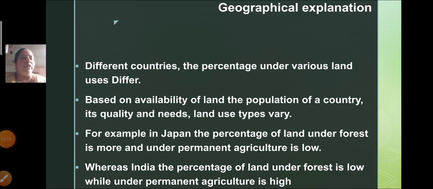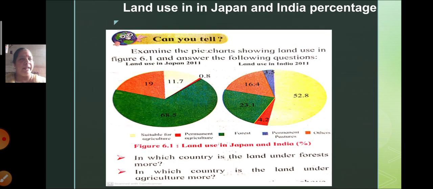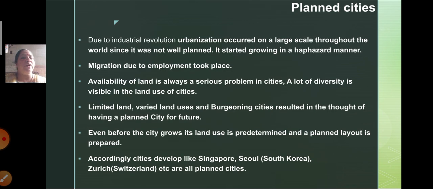Okay children, what have we learned today? We have learned about the geographical explanation of the pie diagram, wherein we have seen the land use in Japan and India percentage wise. Then we have learned about a planned city, how a city is previously planned and then settled.